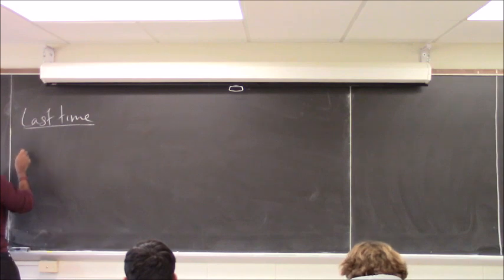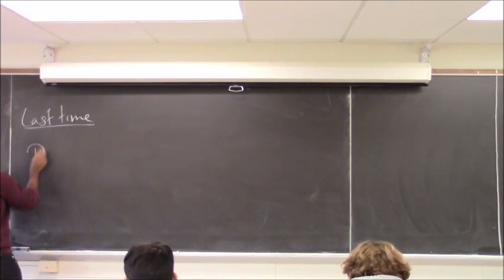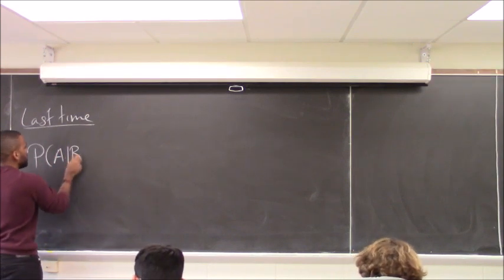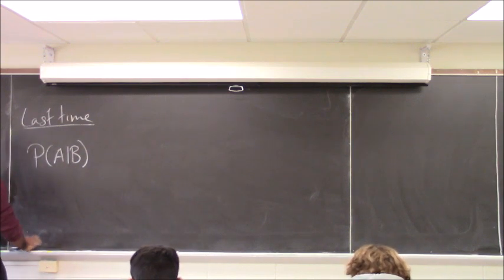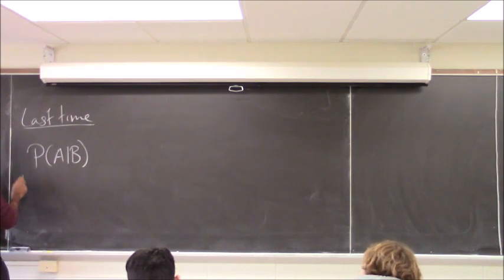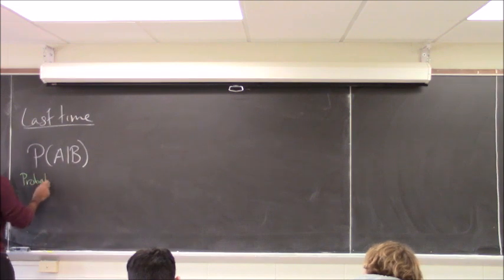Last time we defined conditional probability. Probability of A given B. This is the probability that A will occur given that B occurred.